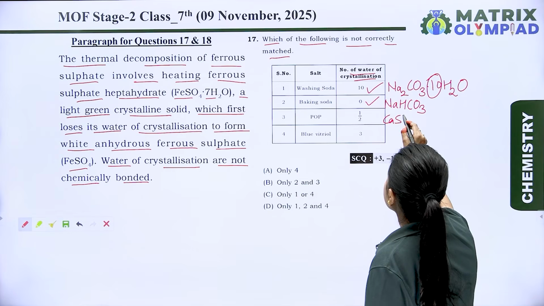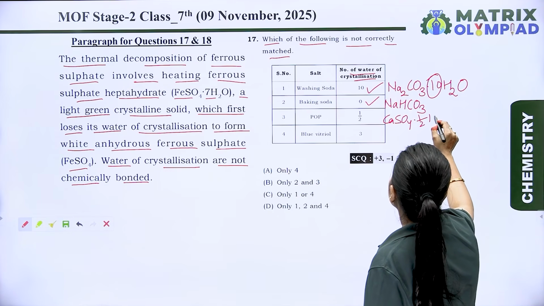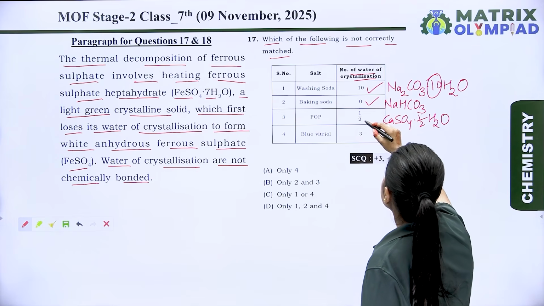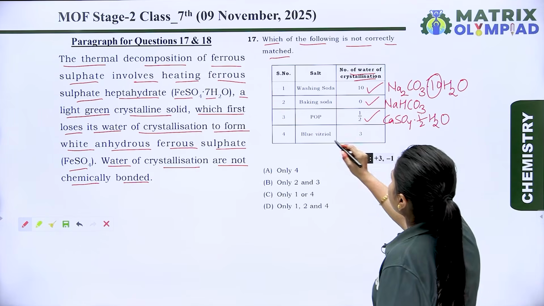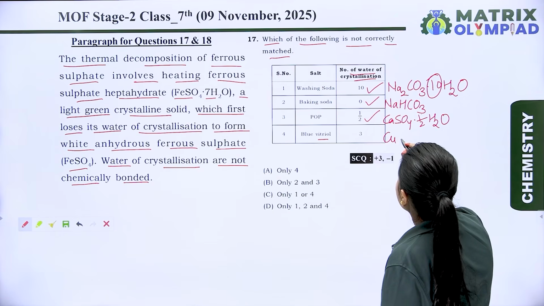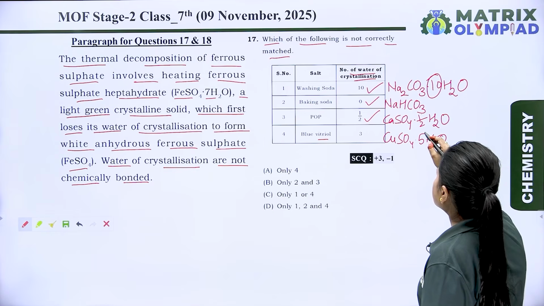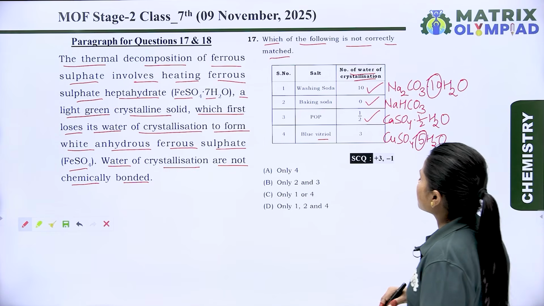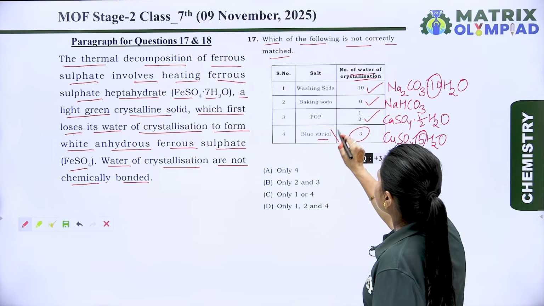POP is CaSO4.half H2O, so the water of crystallization is half, so it is also correct. And blue vitriol means CuSO4.5H2O, and here the water of crystallization is 5 and here given 3, so it is wrong.